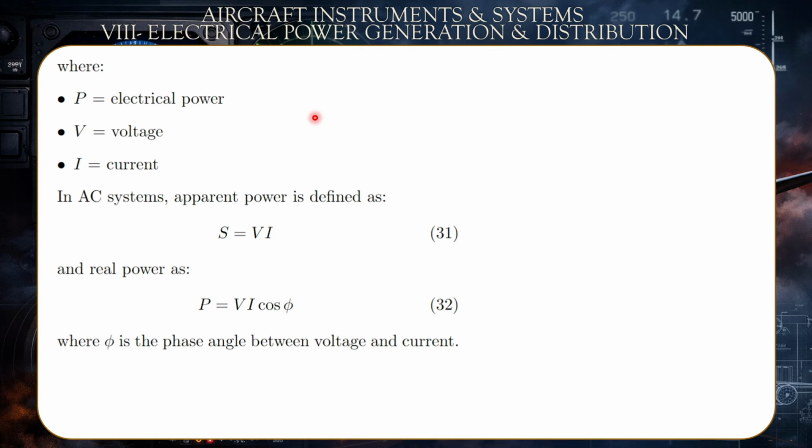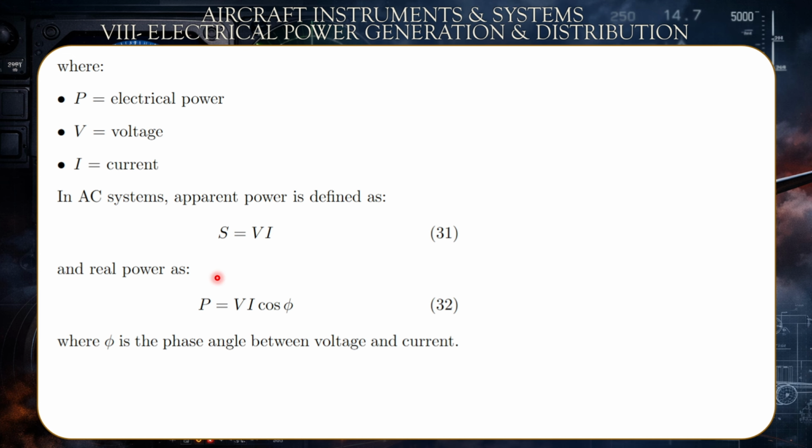Now, within the formula that we've mentioned before, again, P is the electrical power in watts, V is the voltage, and I is the current. In AC systems, apparent power is defined as S equals VI.